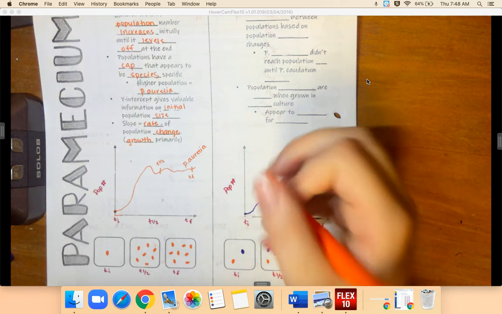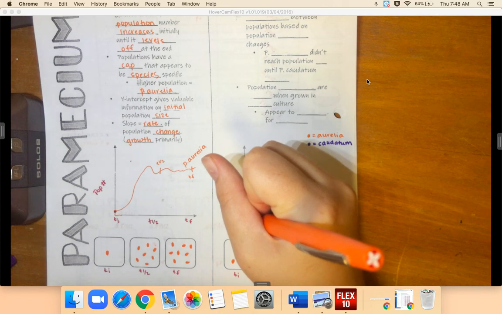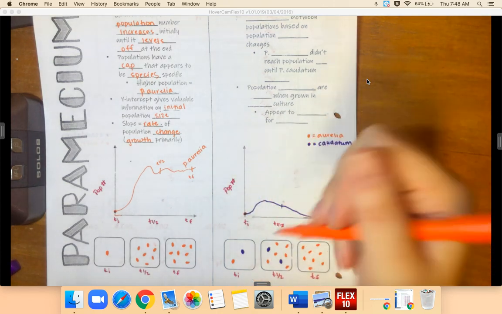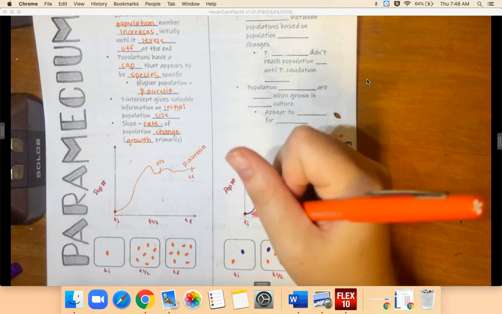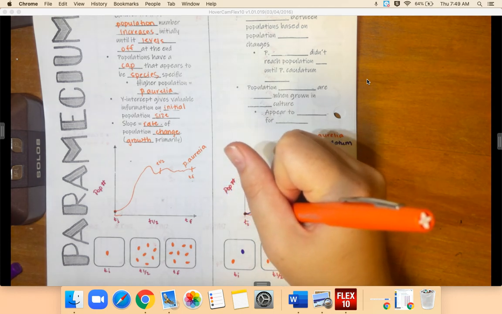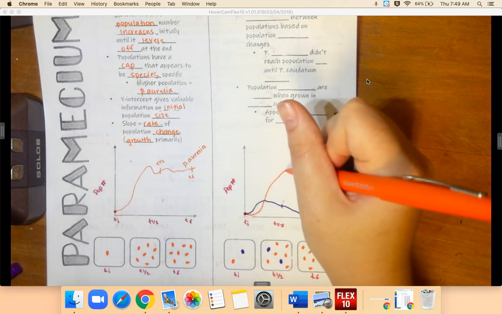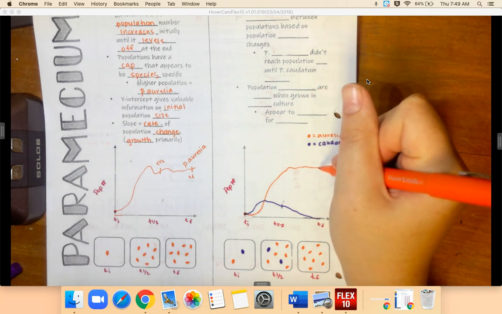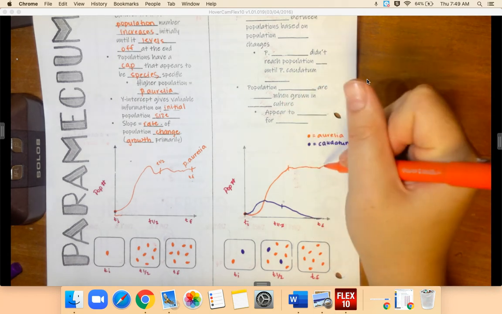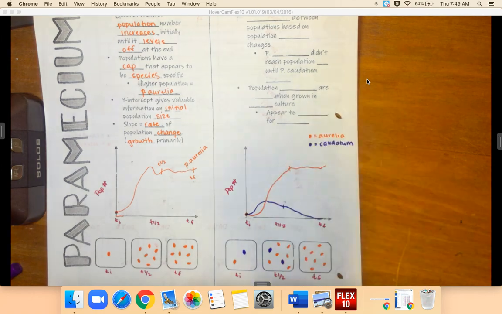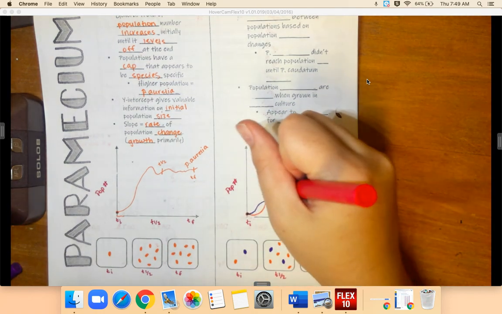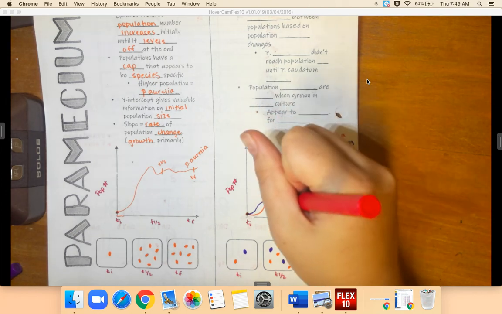For our PAs, we started at the same point as the other one because we had 1 of each. This one started off a little bit slower and then began to grow and started to level off. And these 2 points that I marked on here represent T half.